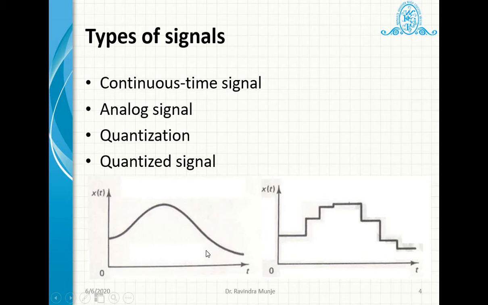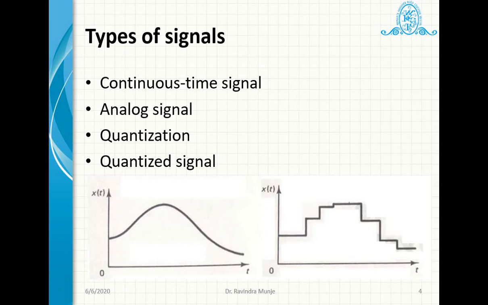What is meant by these? A continuous time signal is defined over a continuous range of time. Both are continuous time signals, but this one is an analog signal and this one is a quantized signal. Both are defined over a continuous range of time.